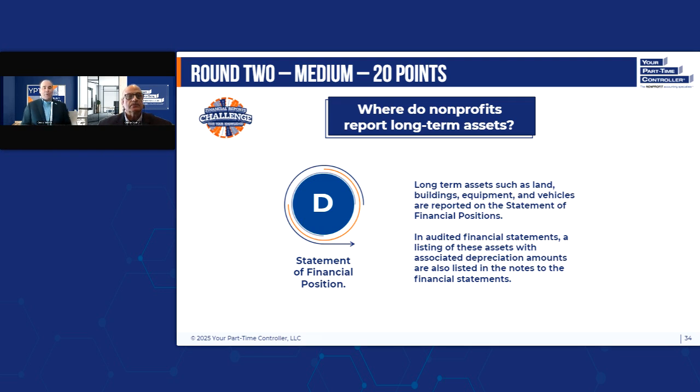This is our property and equipment, land, building, vehicles, and the value and balances of these assets, along with the accumulated depreciation we've taken through the years, is reported on our statement of financial position. It's not a current asset, but it is still part of our statement of financial position.